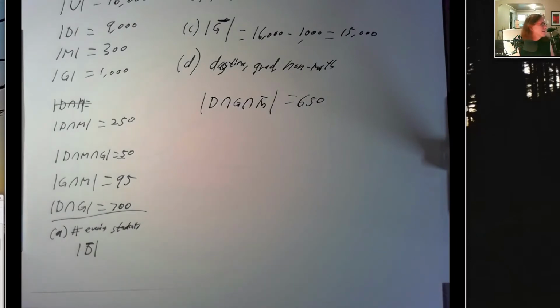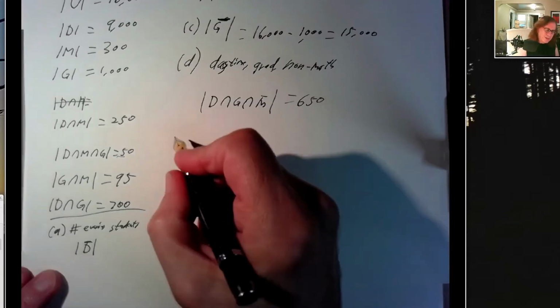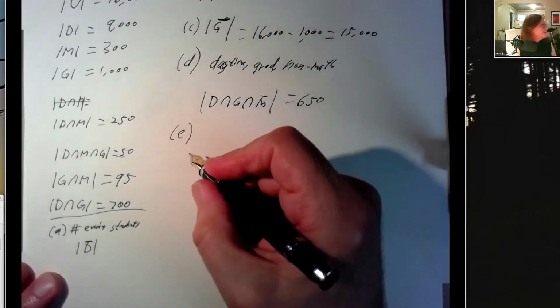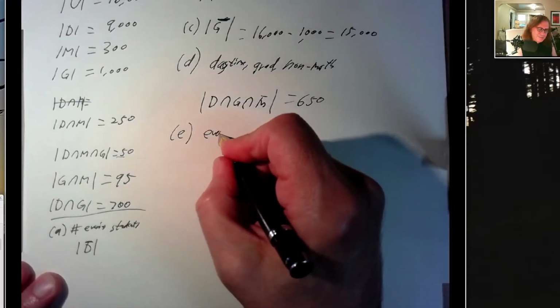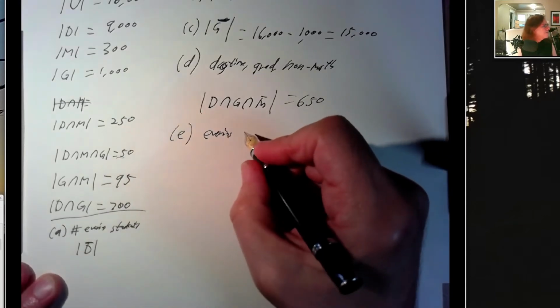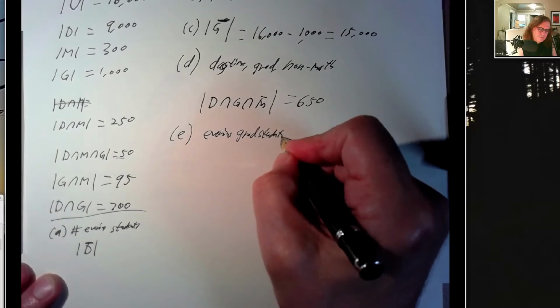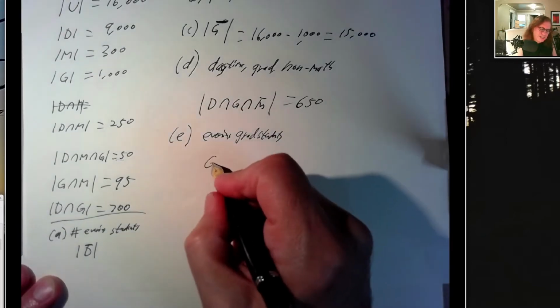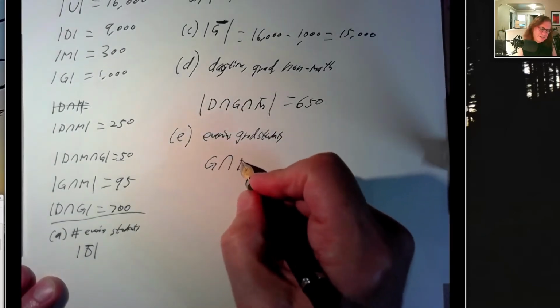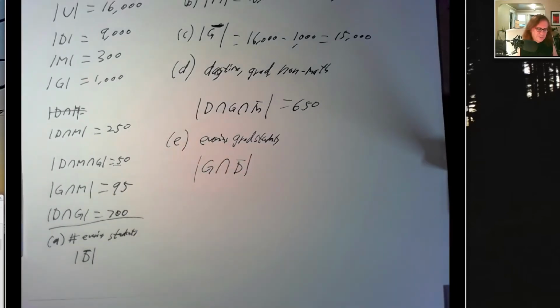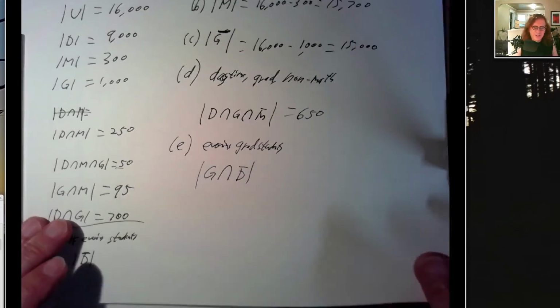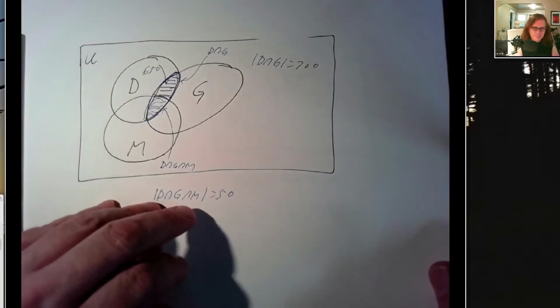All right, so that gets a little bit hairier. Let's take a look at part E. So part E, we're asking for evening graduate students. So we're looking for students who are graduates and not daytime students. So G intersect D bar. All right, let's make another diagram.